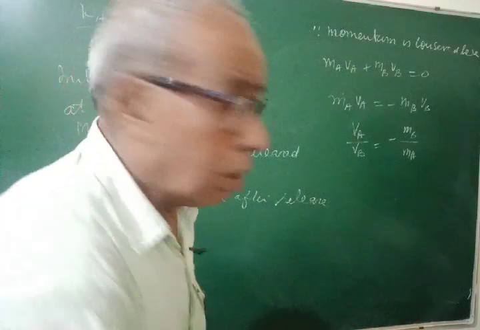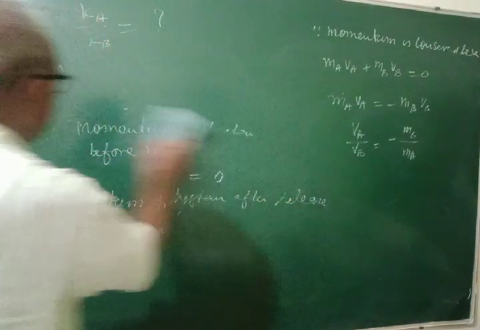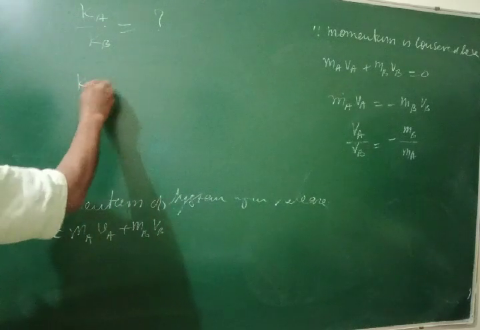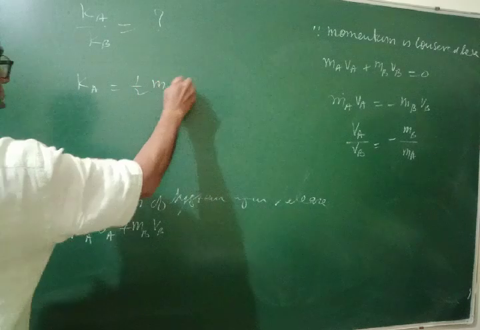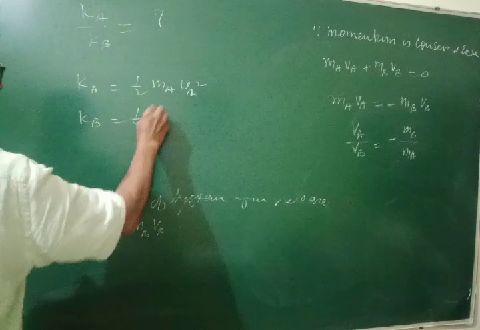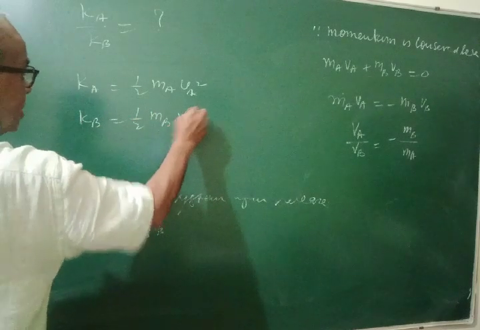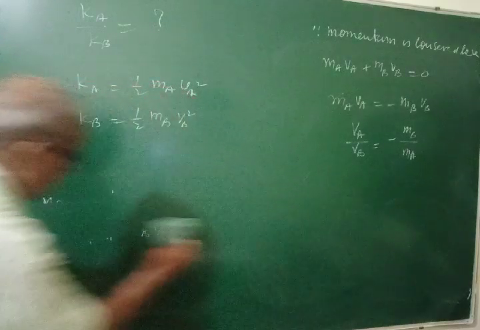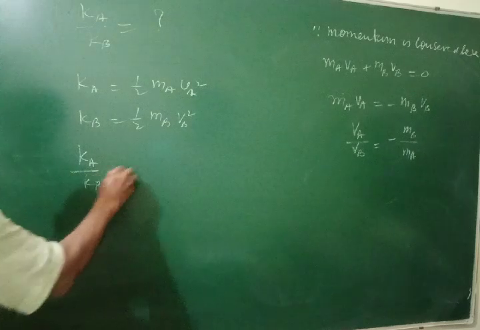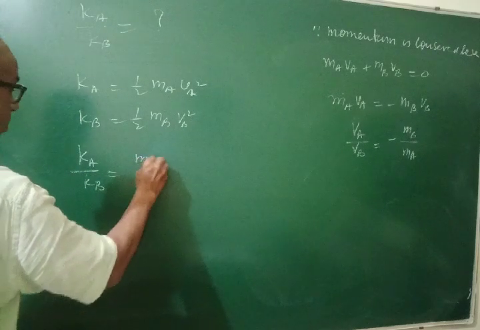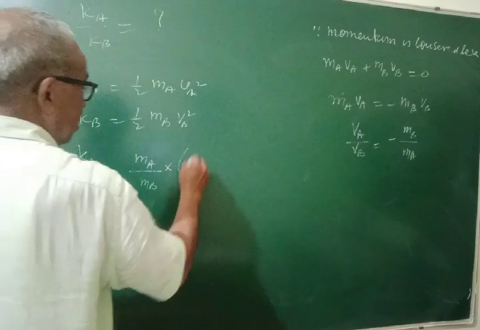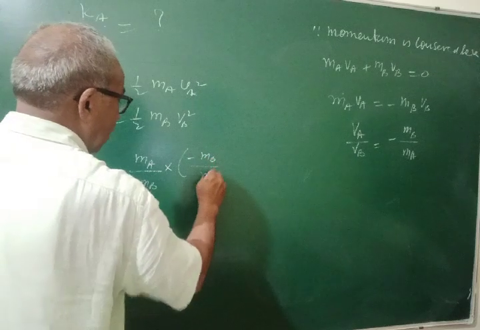Clear? So now, what is Ka? Kinetic energy of A equals half MA VA square, and that of B is half MB VB square, and therefore Ka upon Kb equals MA upon MB into VA square upon VB square, which means minus MB upon MA, whole square.